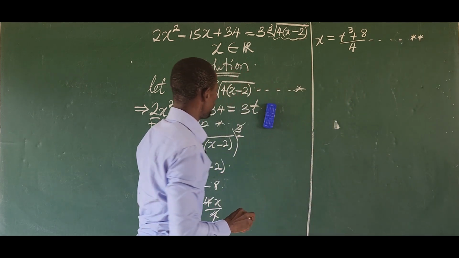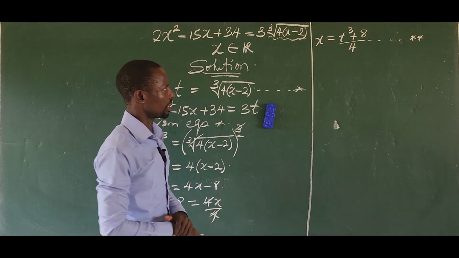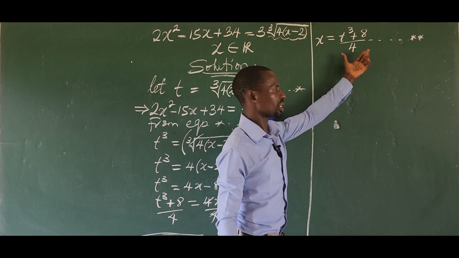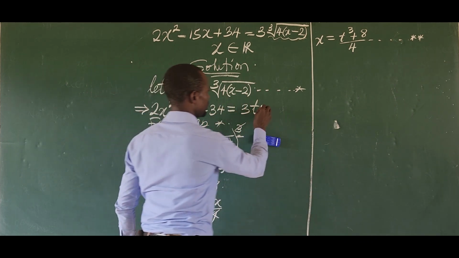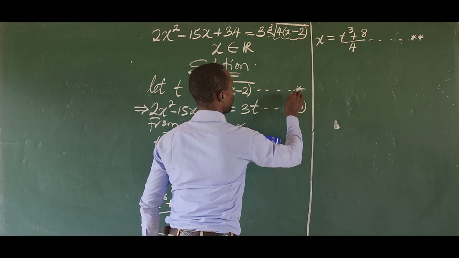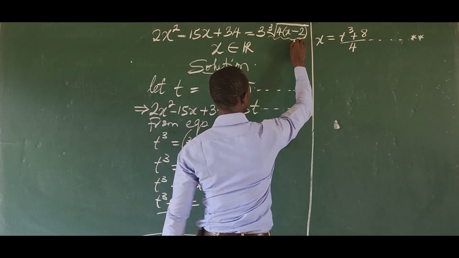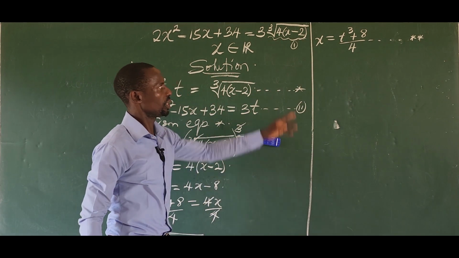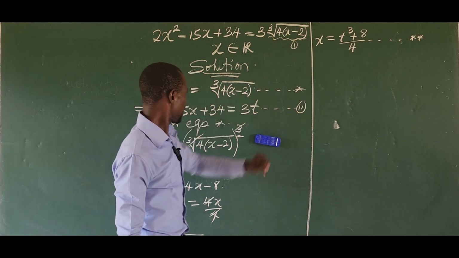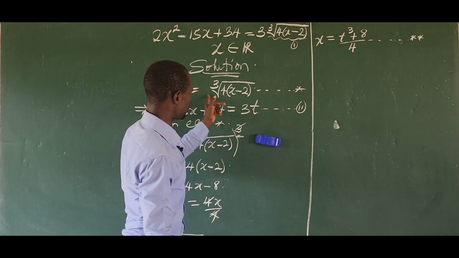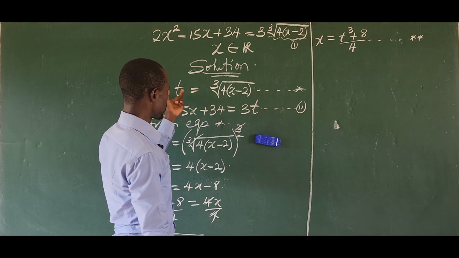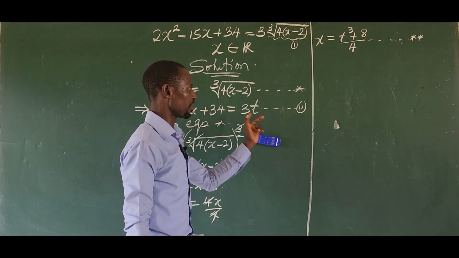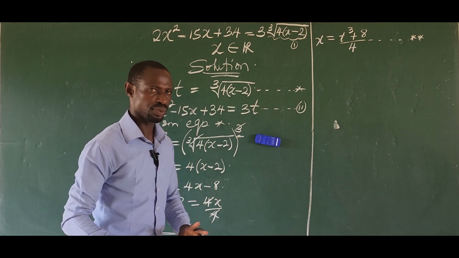Now see what we want to do here. We want to put this whole equation into the other equation. Let's call the original equation equation 1. After the substitution we have equation star, and putting the value of the substituted variable into the original equation gives us equation 2.